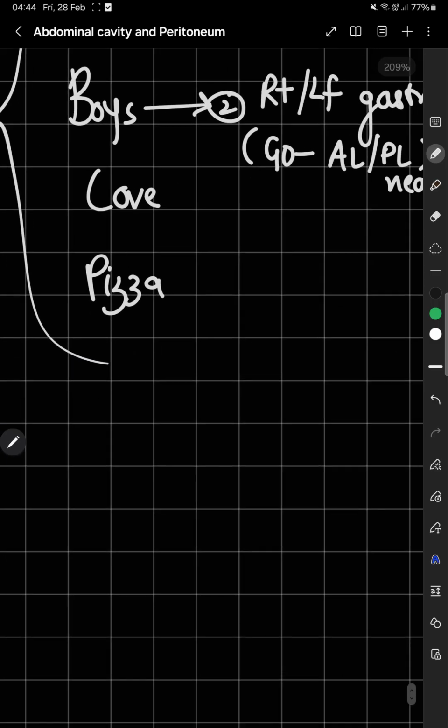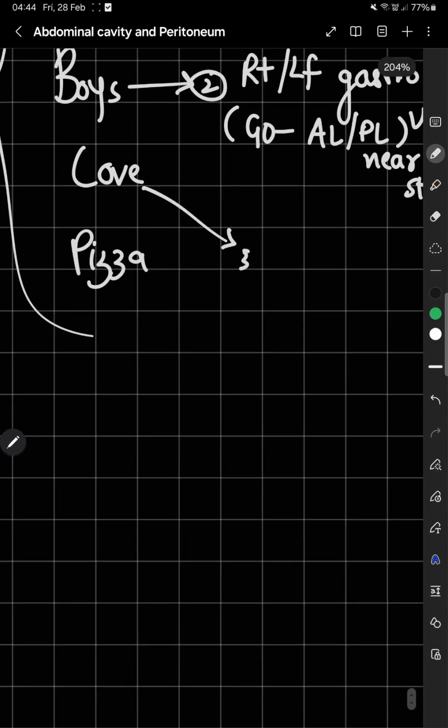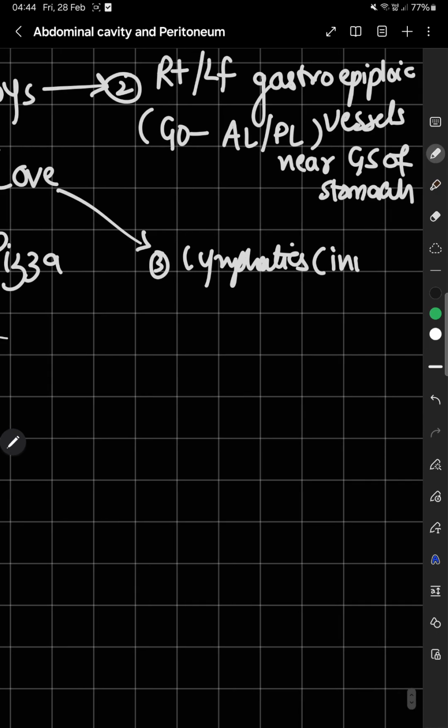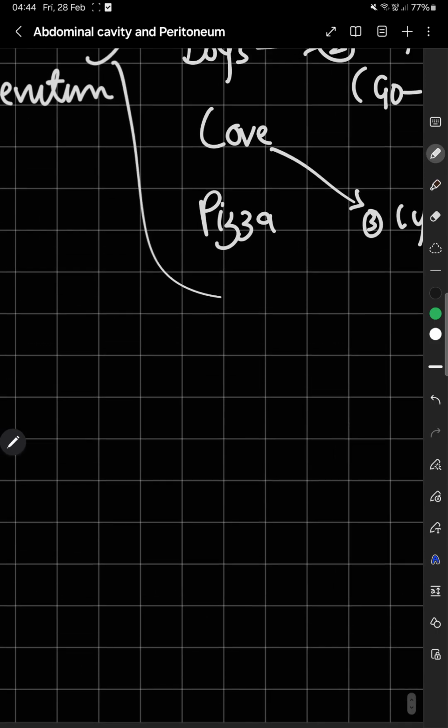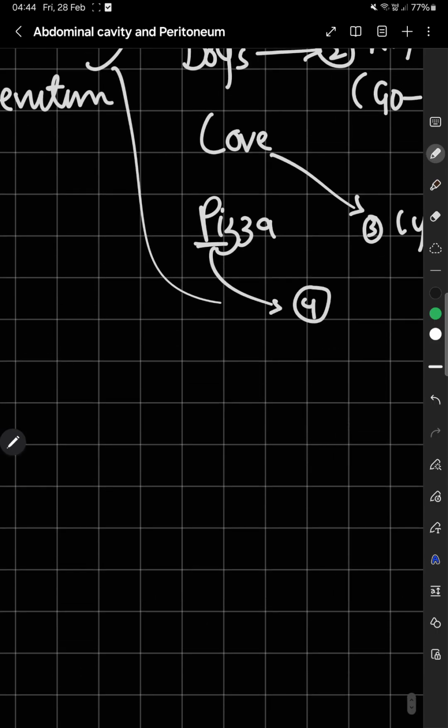And then we have L, which is for lymphatics and immunity in general, immune cells in general. And then for P we have peritoneum.